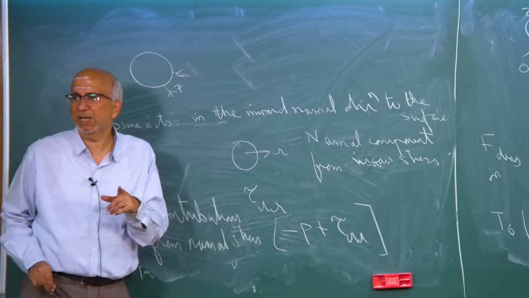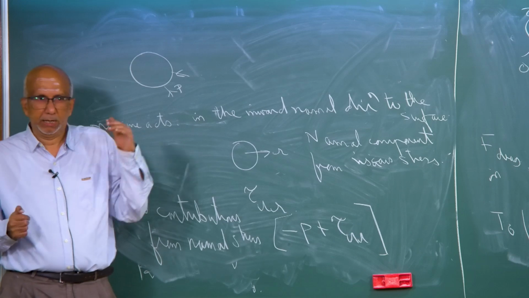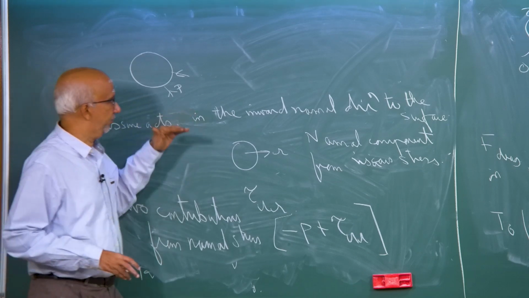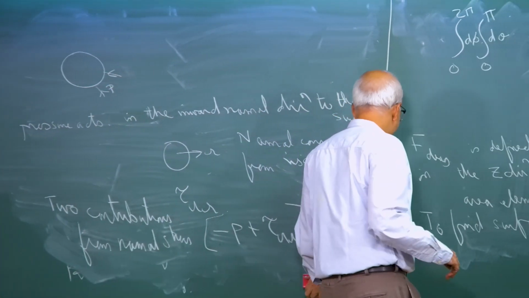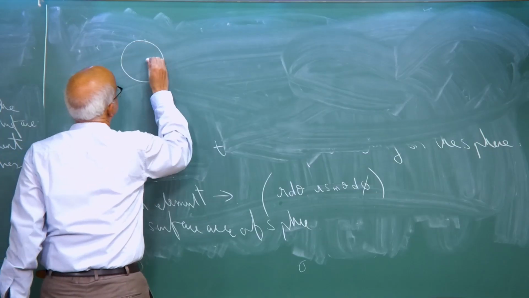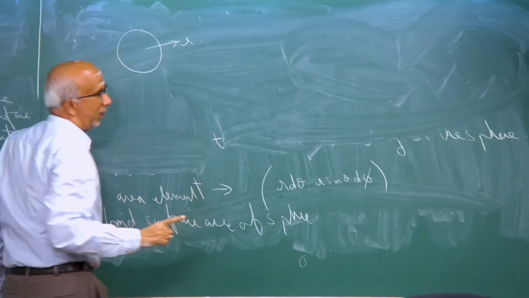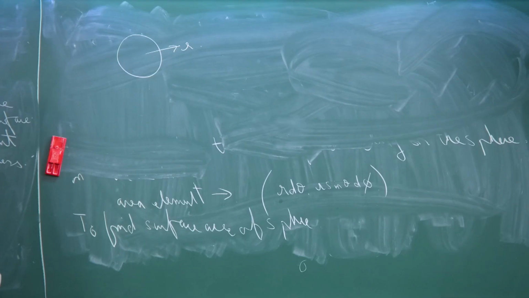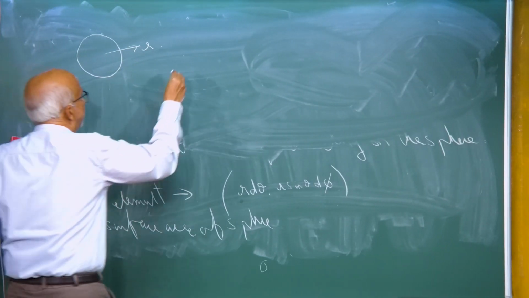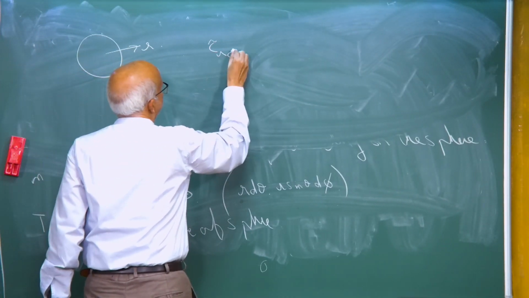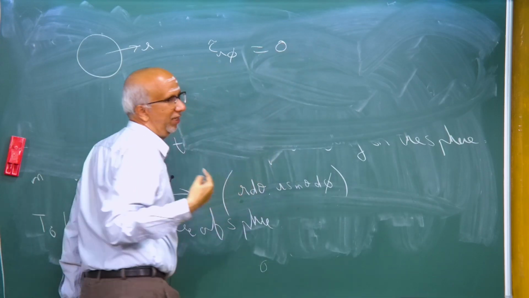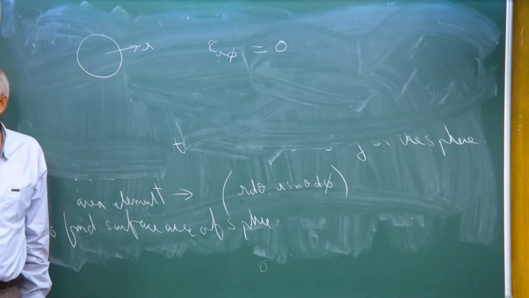Is there going to be any other contribution? In the r direction, the surface outward normal is r. You also have the phi direction and the theta direction, tau r phi. This will be 0 because we are assuming phi symmetry.